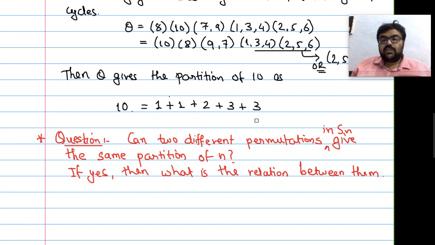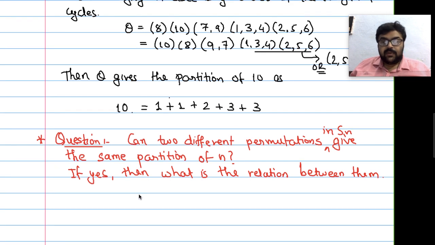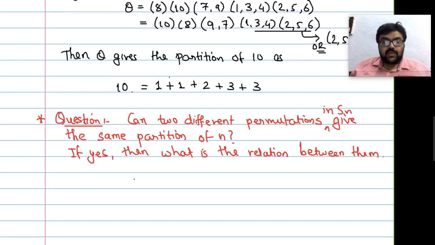So instead of this theta, I can write, let us say, sigma equals, so in the notes I have written this example. There are two 1 cycles, but I am taking 7 and 9, and then I am taking 1, 2, then 3, 4, 5, and since 7, 9 are here, we have 6, 8, and 10.